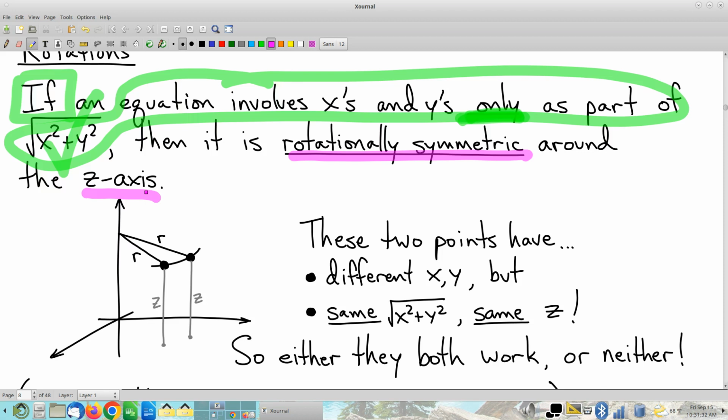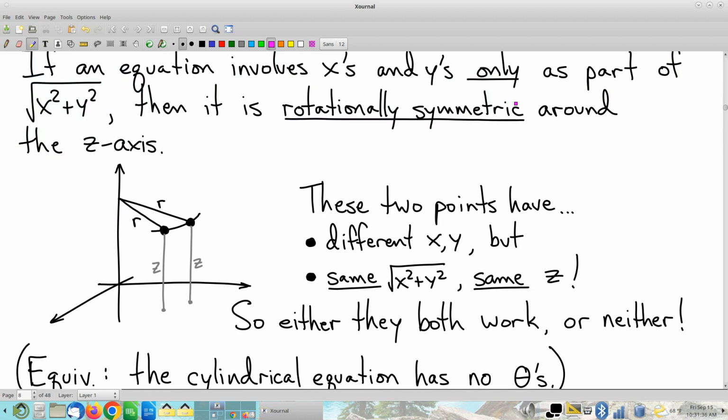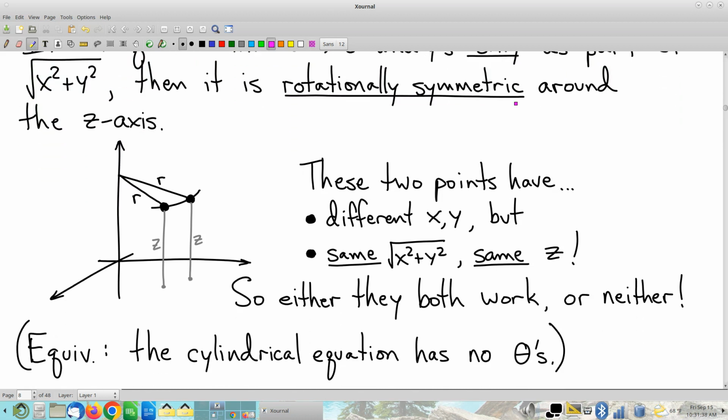All right, now why does this work? This is a pretty straightforward argument. If I have such an equation, and if I have a point that satisfies the equation, right? Let's ask, what would happen if I rotate that point around the z-axis? Now that produces, of course, a different point, a bunch of different points.